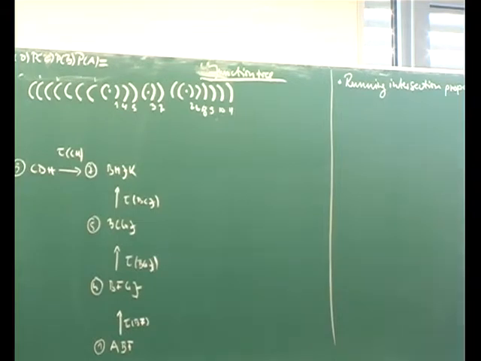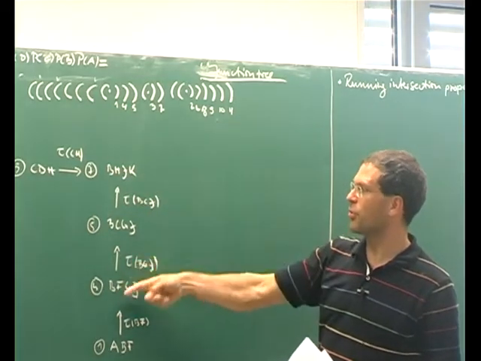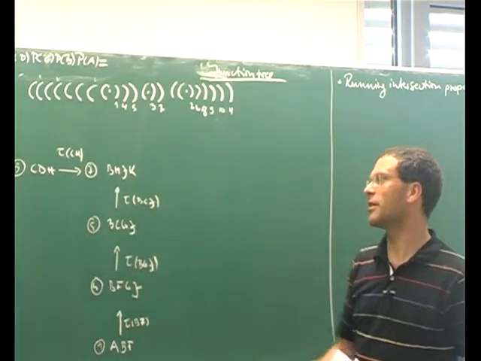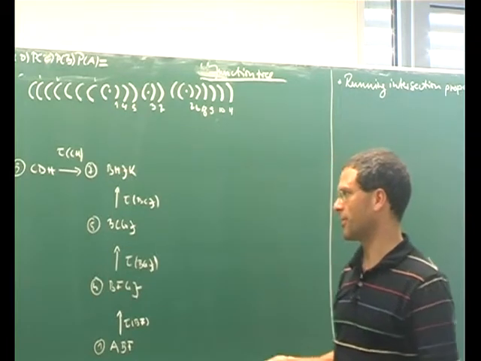The running intersection property states that if a variable is found in 2 nodes of this cluster graph, of this junction tree, it also needs to be found on all the nodes that lie on a path between these points.